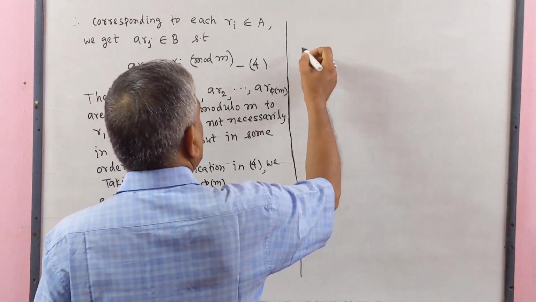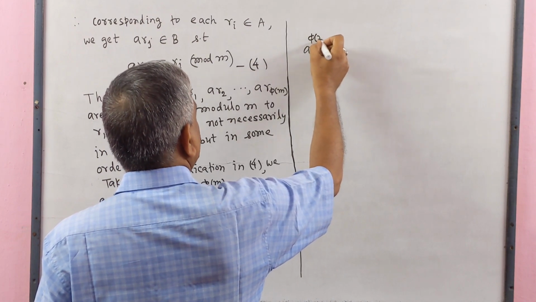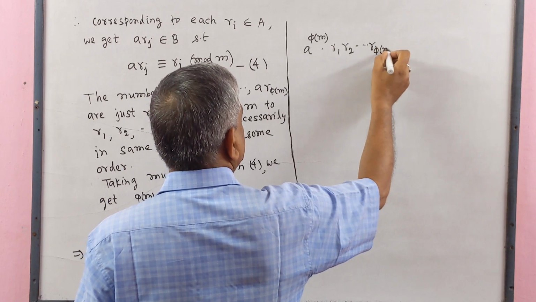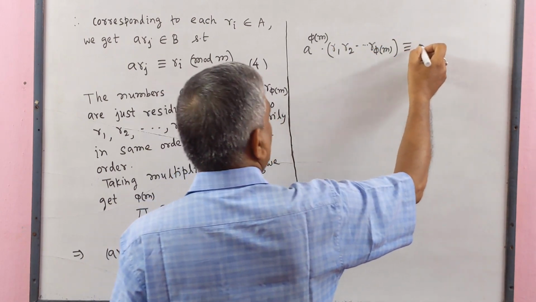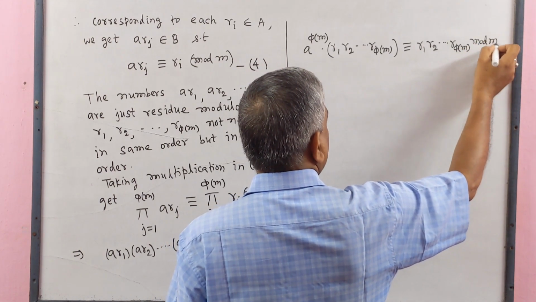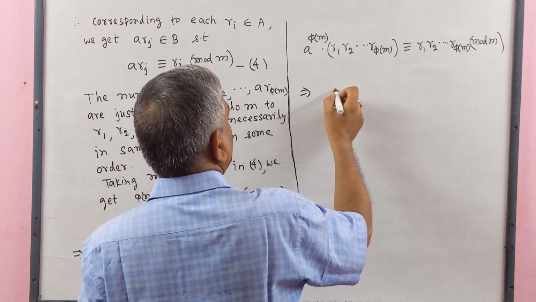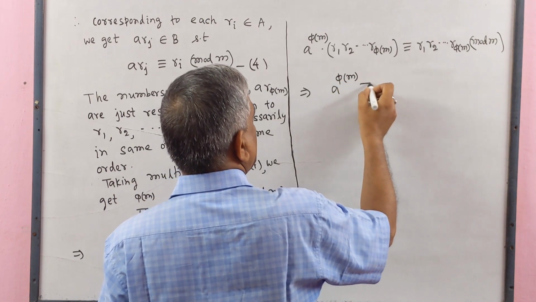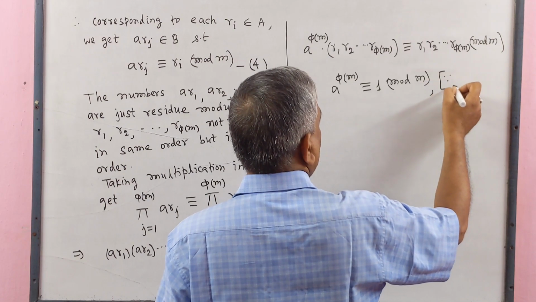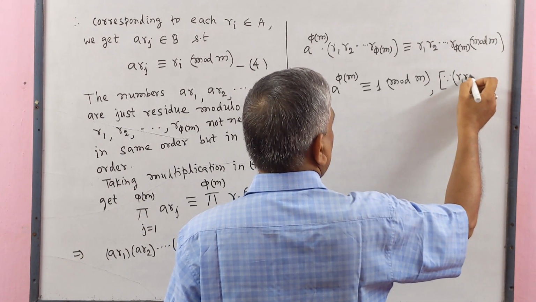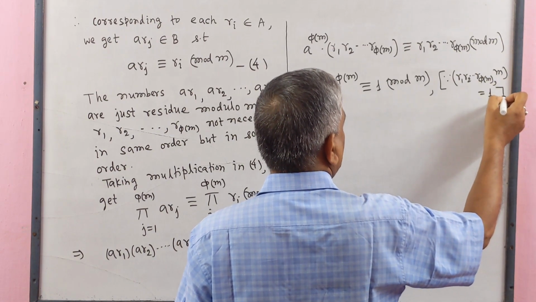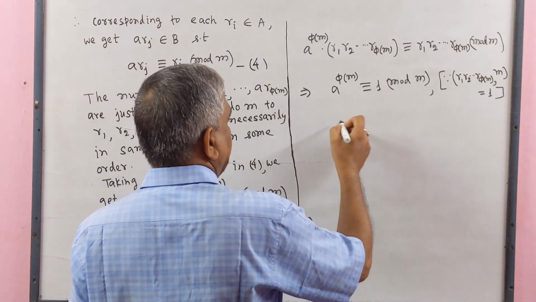So we may write a to the power phi m multiply r1 multiply r2 multiply ... r phi m congruent to R1 multiply R2 multiply ... R phi m modulo m, which implies that a to the power phi m is congruent to 1 modulo m, since GCD of R1, R2, ... R phi m with m equal to 1, and hence Euler's theorem proved.